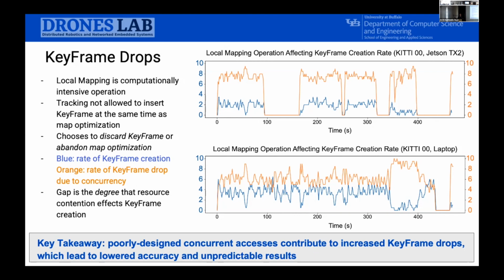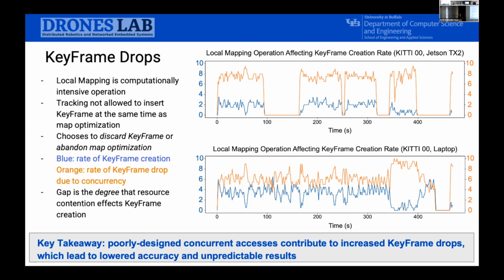On the right-hand side, we can see the keyframe creation rate for both the Jetson and the laptop. The blue line indicates the rate that we create keyframes, and the orange line indicates the rate that we drop keyframes due to concurrency. On the top, we see that the resource-constrained device drops far more keyframes than it creates.